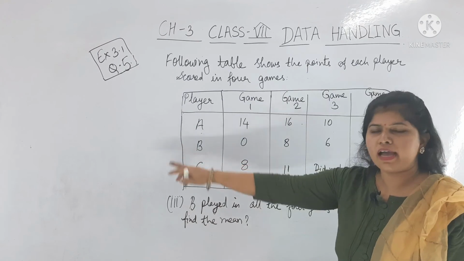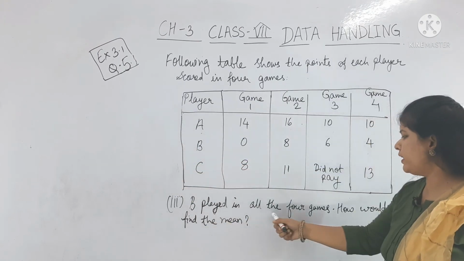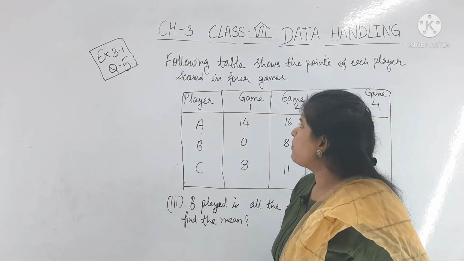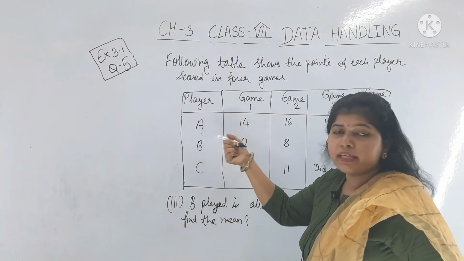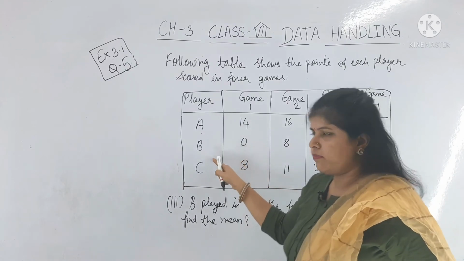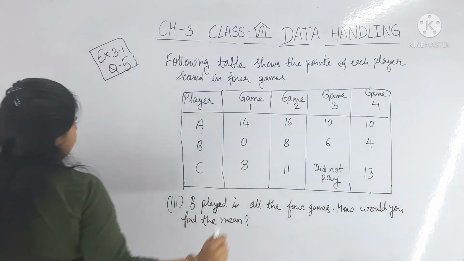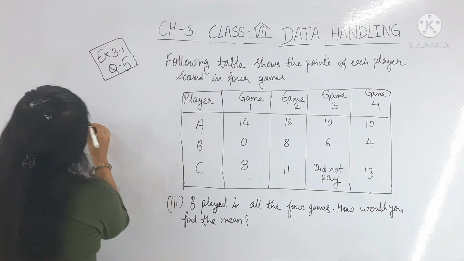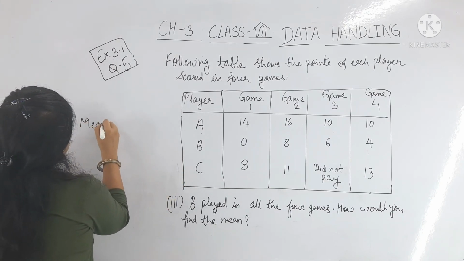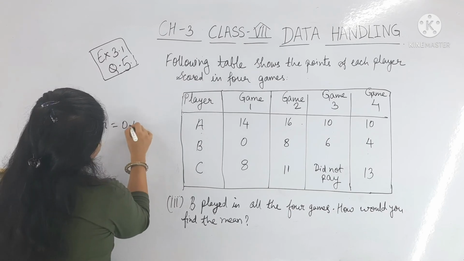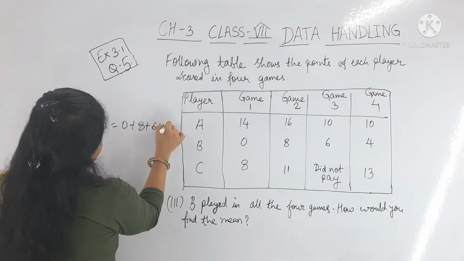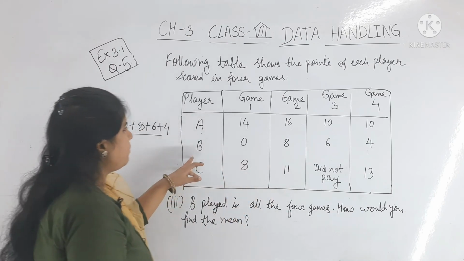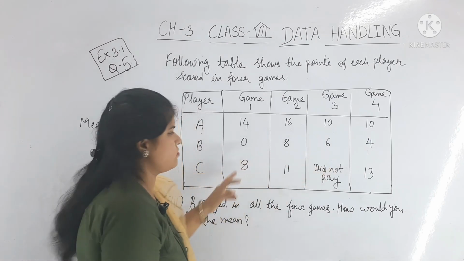Okay, question number 5, third part. Here B played in all the 4 games. How would you find the mean? Like in the first part we calculated the mean of A, likewise we have to calculate the mean of B also. Here in the third part, mean is equal to 0 plus 8 plus 6 plus 4 divided by 4, because player B played all the 4 games, okay.